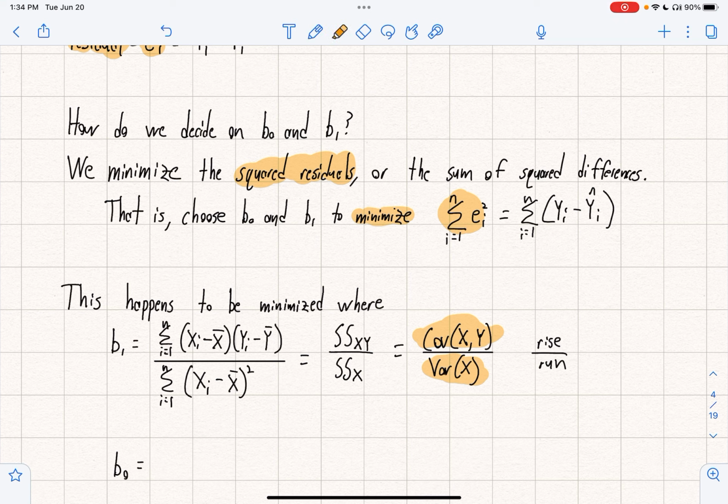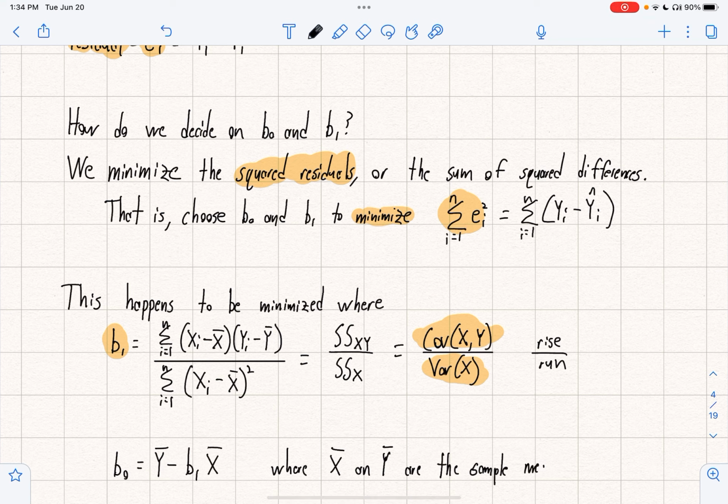So that is how we estimate b1. But b naught, the intercept, will just be equal to y bar minus b1 x bar, where x bar and y bar are the sample means of x and y.